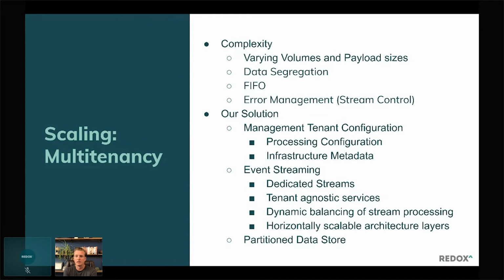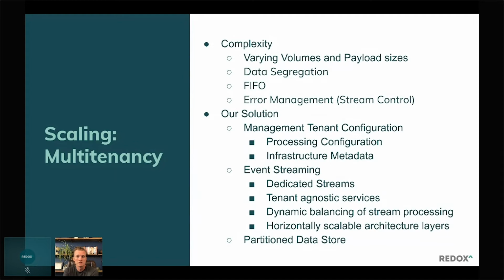The configuration management is also for processing configuration like ID types, as I mentioned earlier. All these tenants have things that are specific to that health system. So the ID types for patient identification differ and need to be configured on a tenant by tenant basis. All that is done with this centralized tenant configuration management that we have.